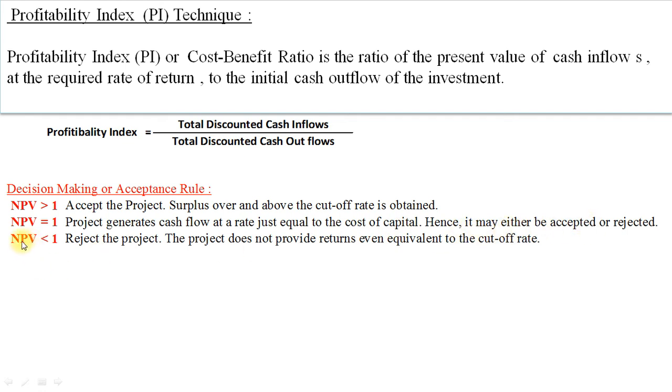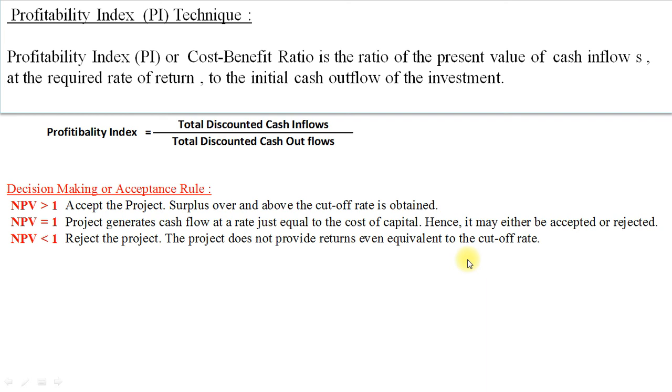Third is PI less than 1. That is, reject the project, because the project does not provide returns even equivalent to the cutoff rate or cost of capital. So, like this, we calculate profitability index and use it for capital budgeting decision making.